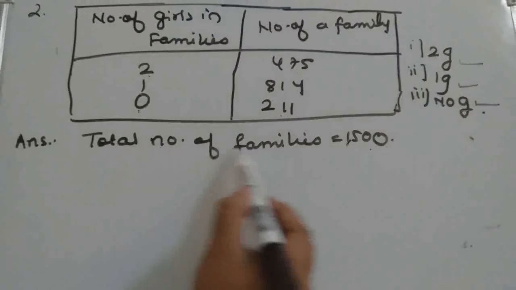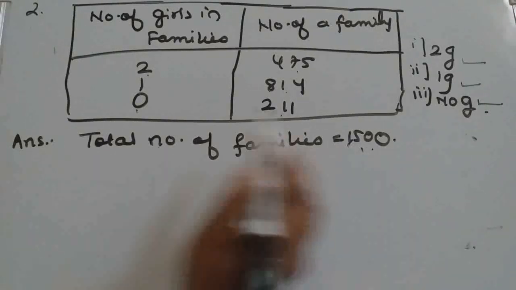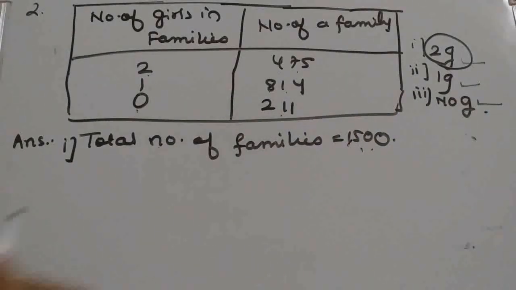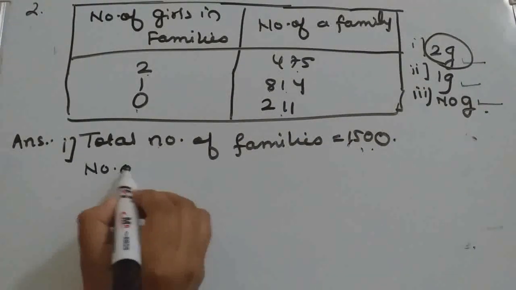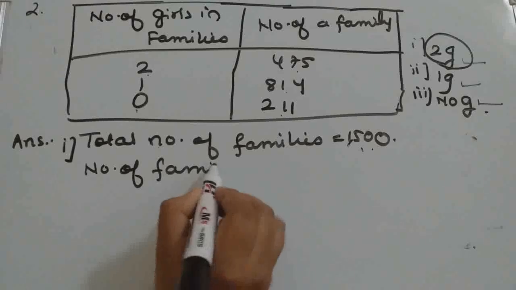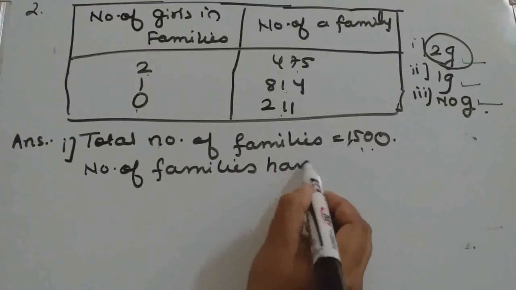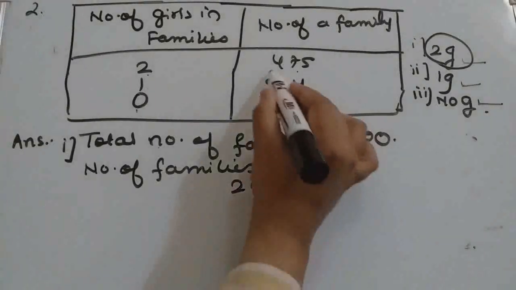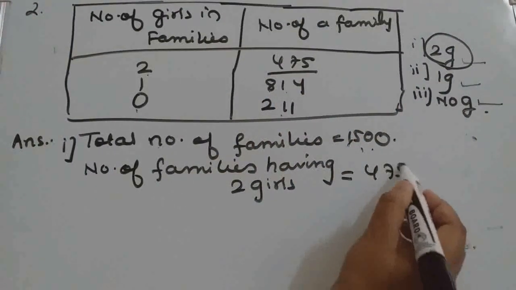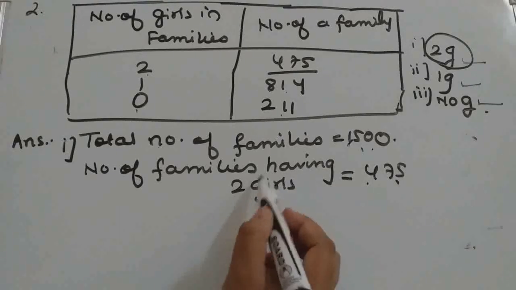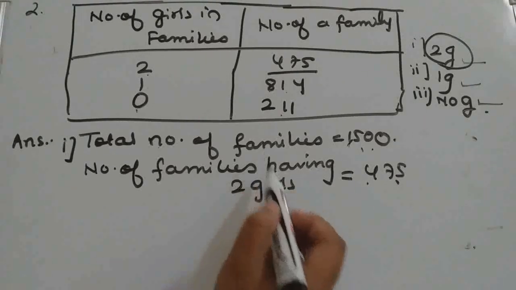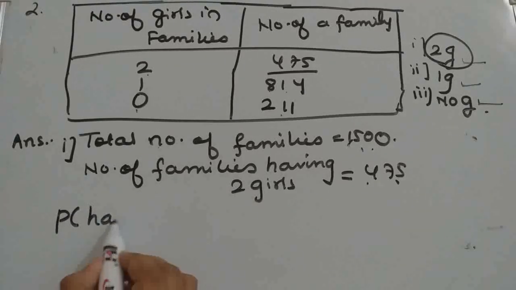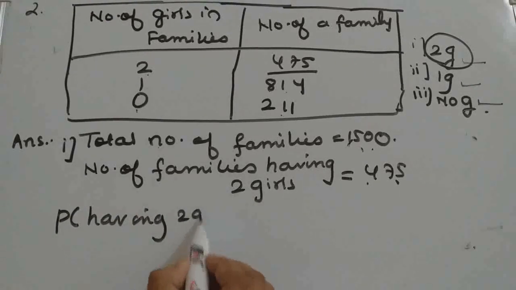So now we have the total number of families, 1,500. For the first answer, to find the probability of 2 girls, we will write the number of families having 2 girls. That is already given in the question. That is 475. 475 families have 2 girls as members. Now, what will be the probability of having 2 girls?